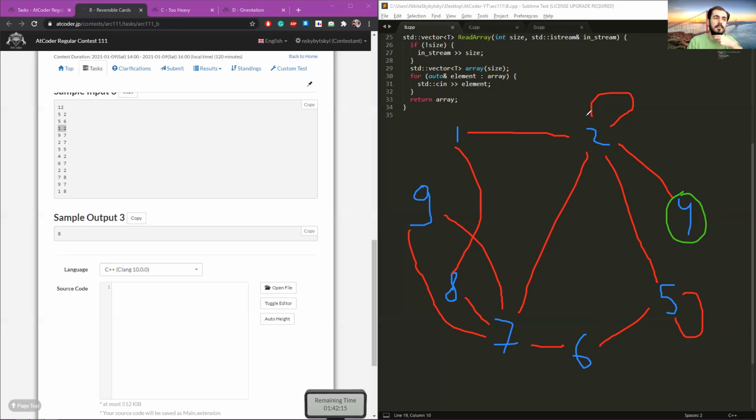And once we did it, once the graph is connected, we can take any vertex that does not break connectivity. Let's say 6, remove it with this edge. And we don't necessarily remove this edge, right?